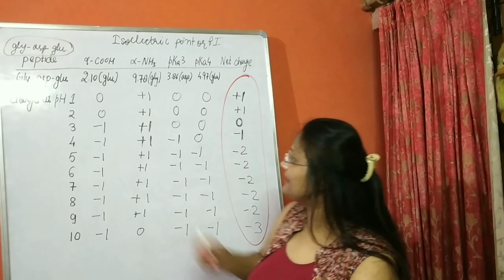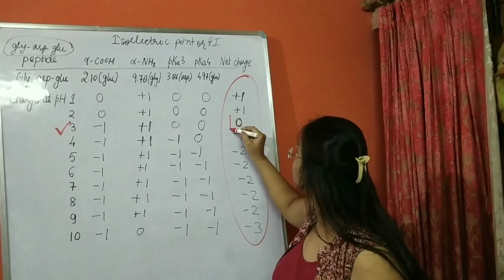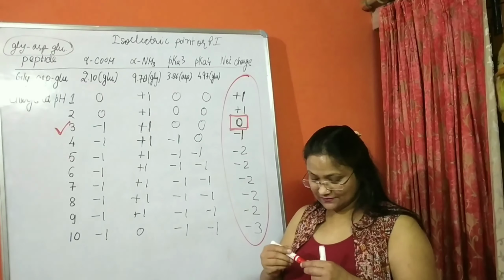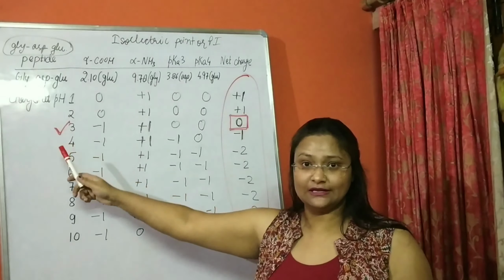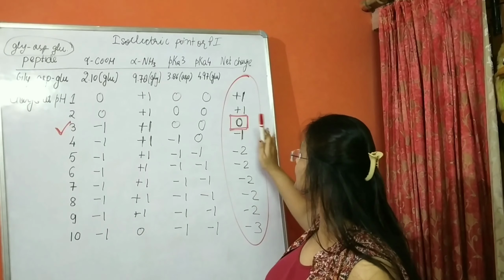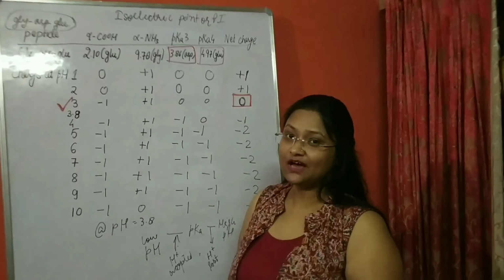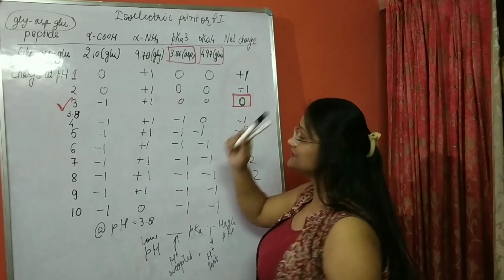So we can see that at pH 3, the net charge is 0. That's what we were looking for, the pH at which the net charge is either 0 or approaching 0.